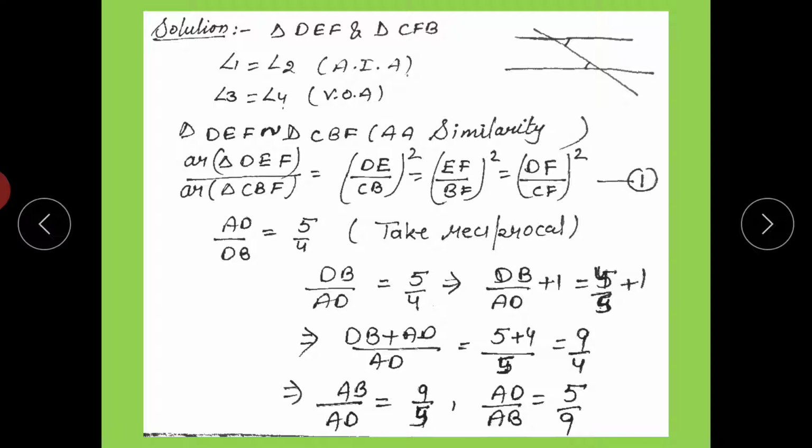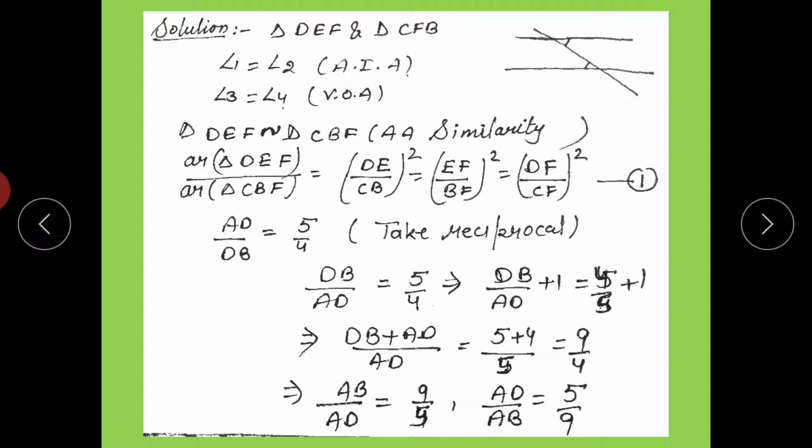Again I am going to repeat this from here. Take the reciprocal: the denominator becomes the numerator and the numerator becomes the denominator. Then DB upon AD is equal to 4 upon 5, and by adding 1 to both sides, you have to remember this point, because we want AB. So DB upon AD plus 1 is equal to 4 upon 5 plus 1. By taking the LCM, DB plus AD upon AD is equal to 5 plus 4 upon 5.